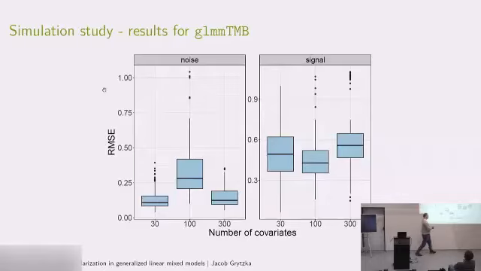I don't really trust these results for 300. I have to check it. Maybe it has to be higher there. And for signal, it's again overlapping.